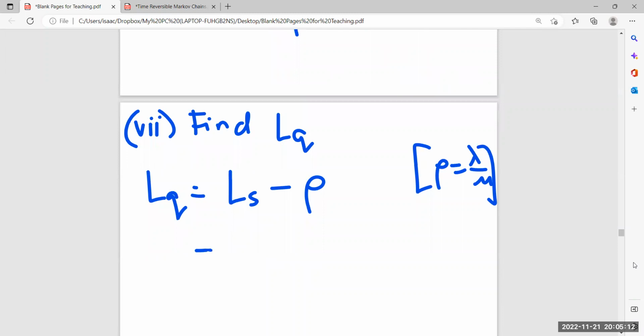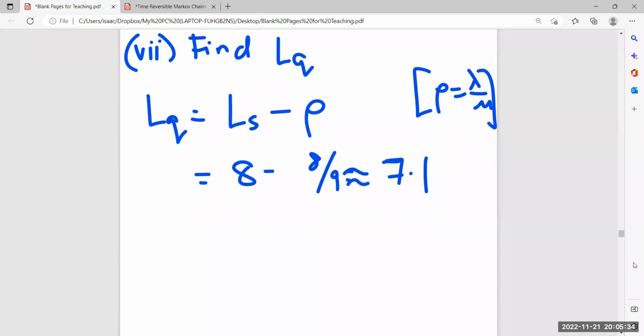So this is 8 minus 8 over 9, which is approximately 7.1. That makes sense, because you expect more persons in the system and fewer persons in the queue over a long period of time.